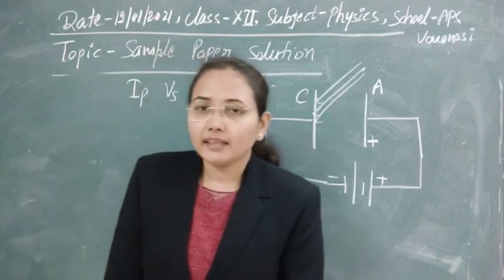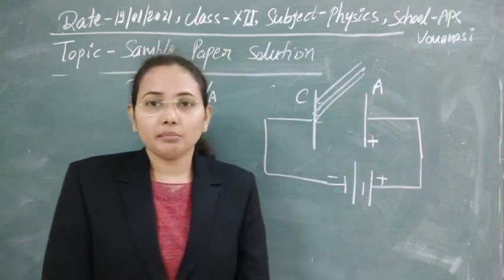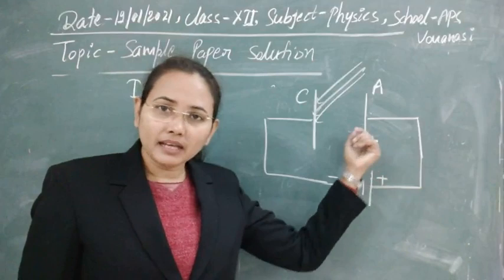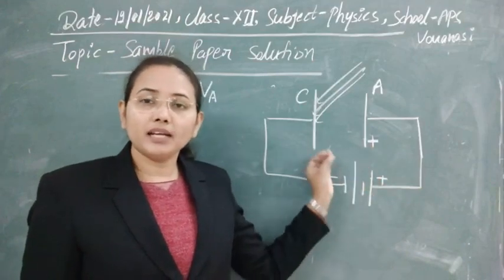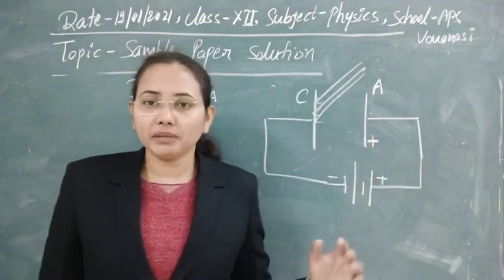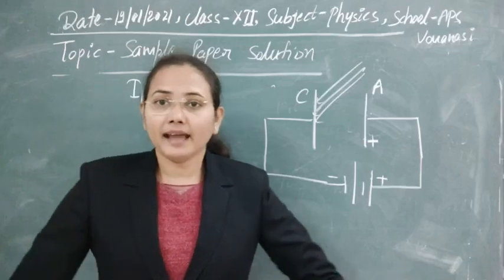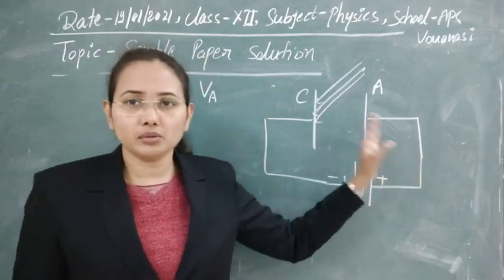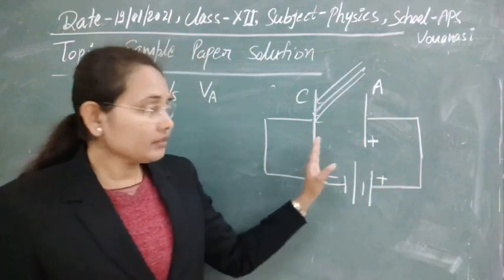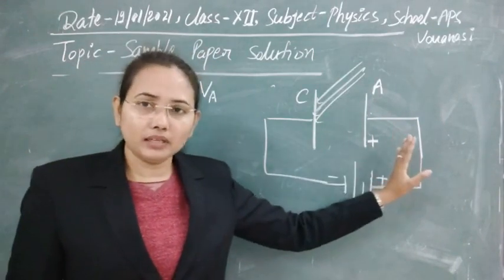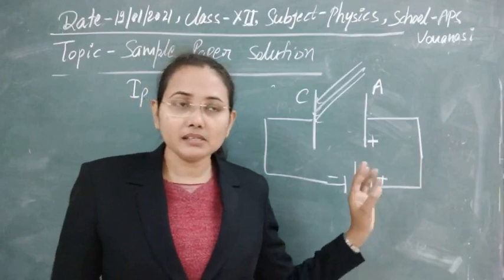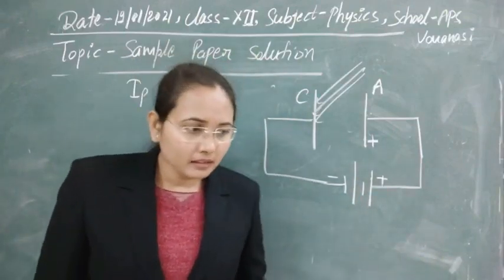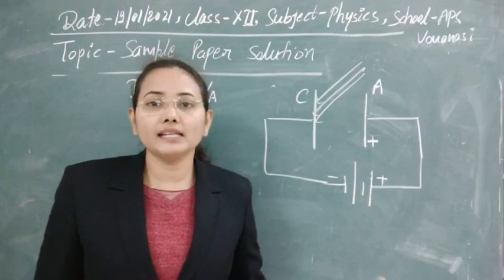So if kinetic energy increases, then even if we provide less potential at the anode, some electrons are able to reach here because they already have enough energy to reach the anode. So they can be collected by the anode easily at some lower potential. It means if we are increasing frequency, then the anode potential you can decrease.